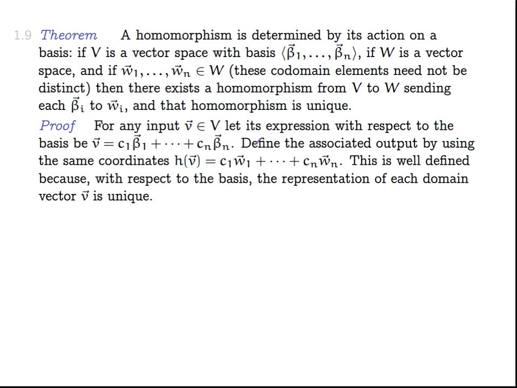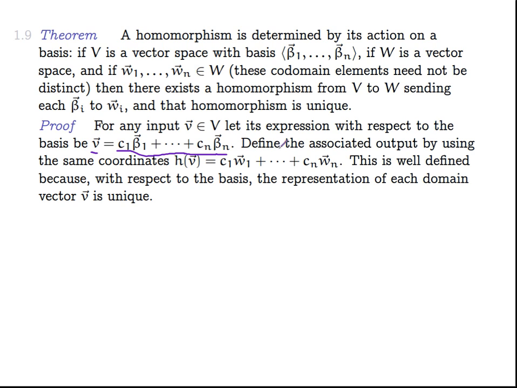Okay. All right, so for any input vector v, let its expression with respect to the basis be v equals c1 b1 plus ... plus cn bn. Since the betas are a basis, I can express any vector in the input space in this way. Sorry, sometimes I say b, sometimes I say beta. I think you understand what I mean.